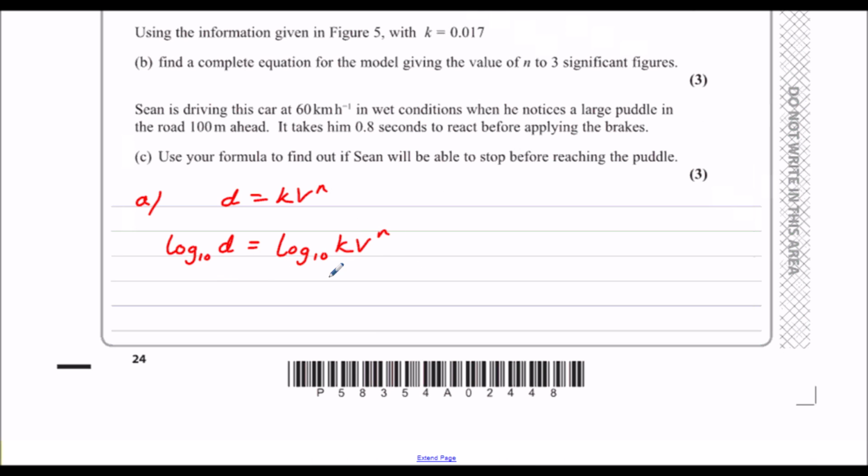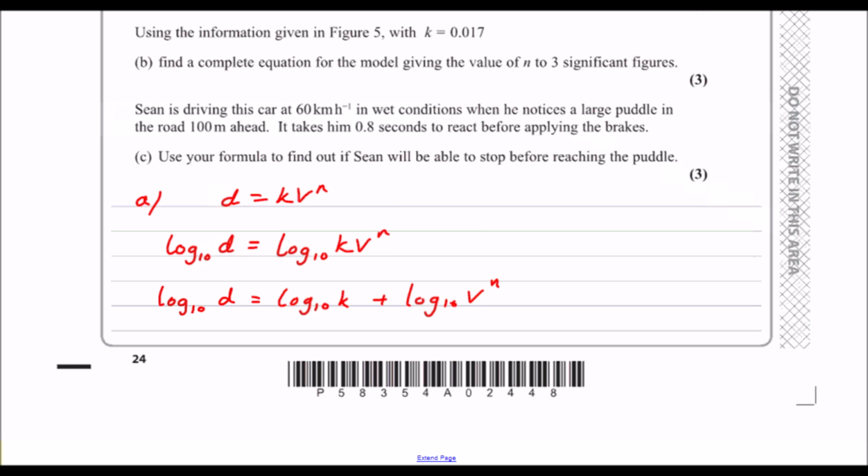We can think of log 10 of k v to the power of n as log 10 k plus, so that it's multiplied together at the moment. k is multiplied by v to the power of n, so we can change that to a plus. So log 10 k plus log 10 v to the power of n. And when we've got a power here, it can jump down to the front. So log 10 v to the power of n is the same as n times log 10 v.